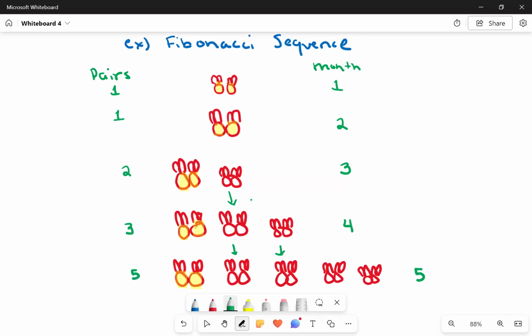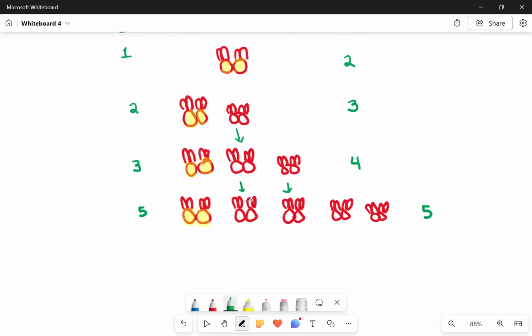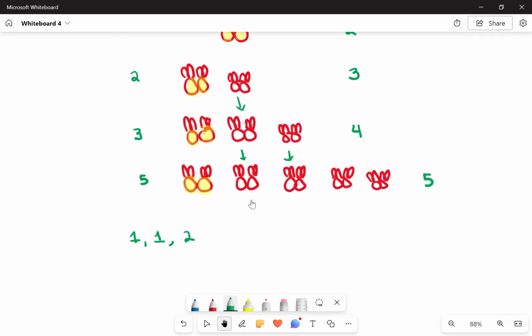Okay. Now I could keep going, but I want to look at the pattern that we're seeing here. Here's what happens. We start with our first pair of rabbits, letting them grow up. And then we finally get a new pair of rabbits coming in that came from the first pair of rabbits. So here's what I want to notice, that if I added 1 and 1 together, I get 2.